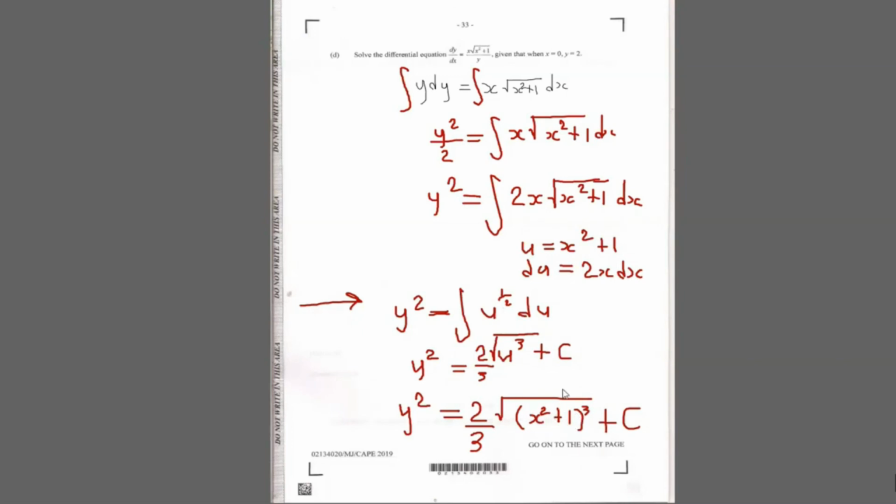The square root of 1 is 1. And so 4 is equal to 2 over 3 plus c. So subtract 2 over 3 from both sides, and c is equal to 4 minus 2 over 3, which is 10 over 3.